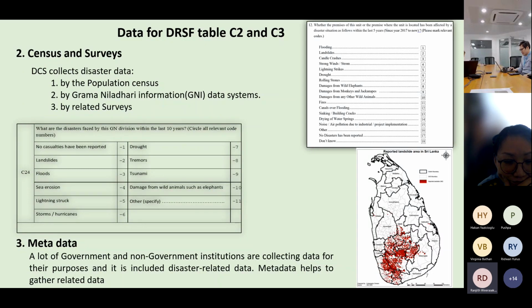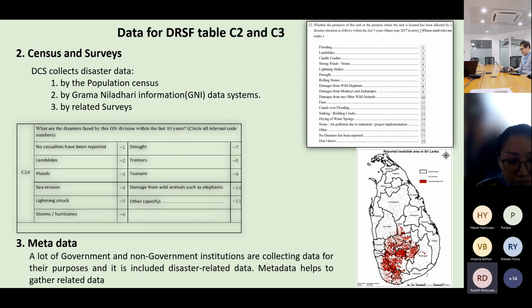The Department of Census and Statistics, DCS, collects a lot of disaster-related data using the population census, and we mostly collect data using the GNI census.